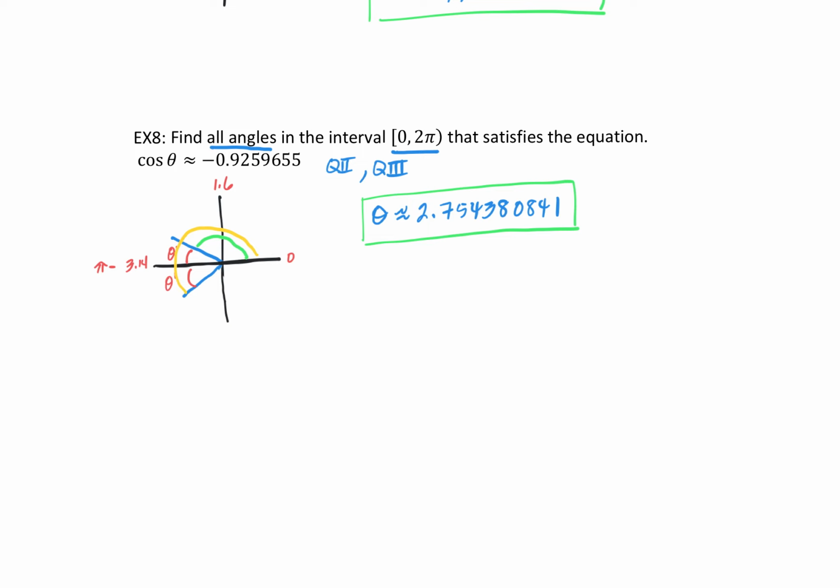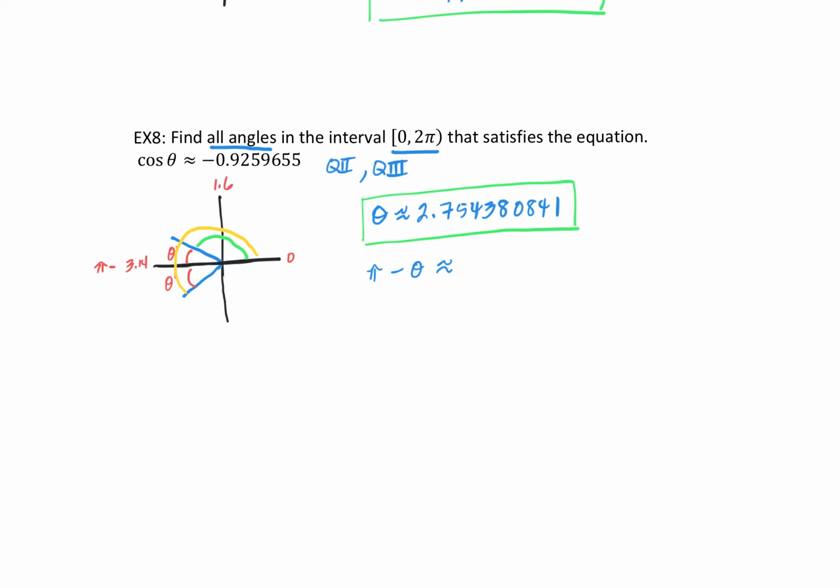So that's one option, and there will be many ways that you can see these problems. So again, to figure out my reference angle with respect to that first angle theta that I got, I would do pi minus that theta. And then in my calculator, pi minus 2.75 and so on.